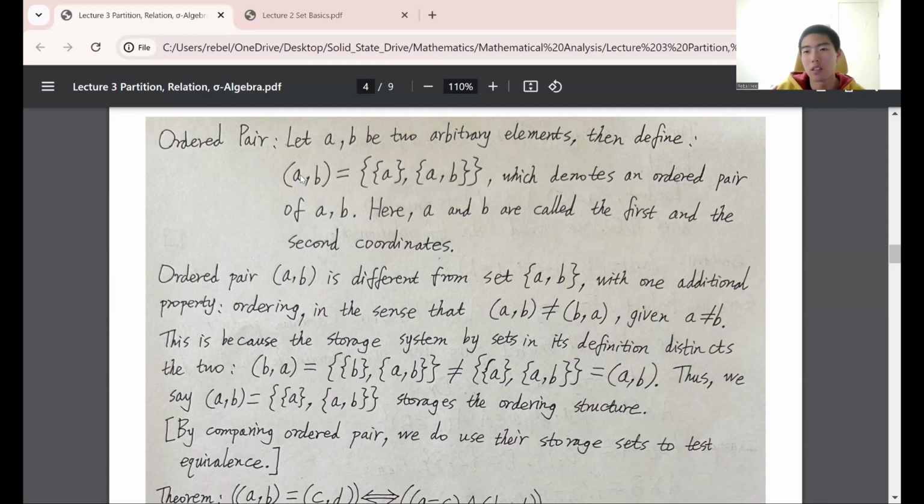Remember the set doesn't have order, so {A, B} is equal to {B, A} in the set. But this is not the case for an ordered pair. An ordered pair does not use a curly bracket. It just uses a round bracket.